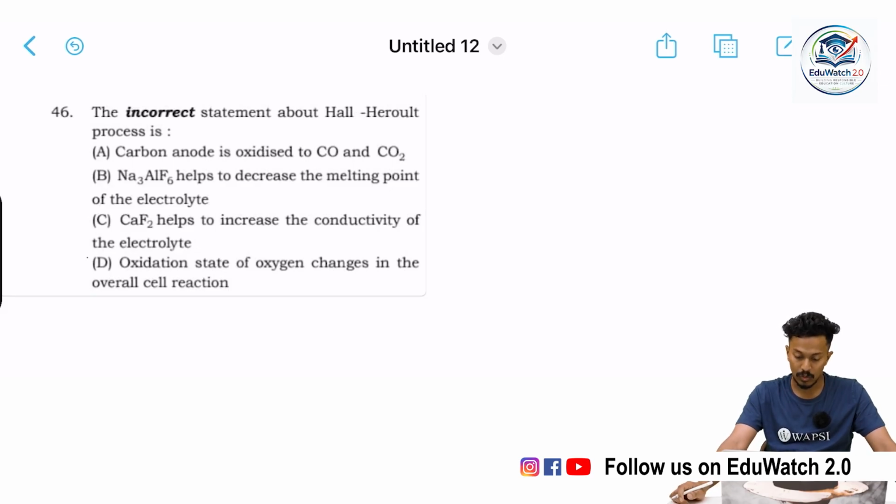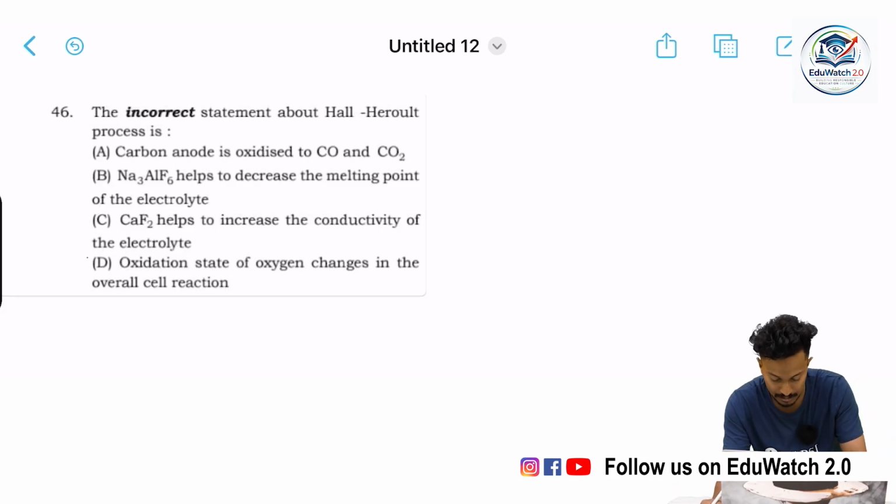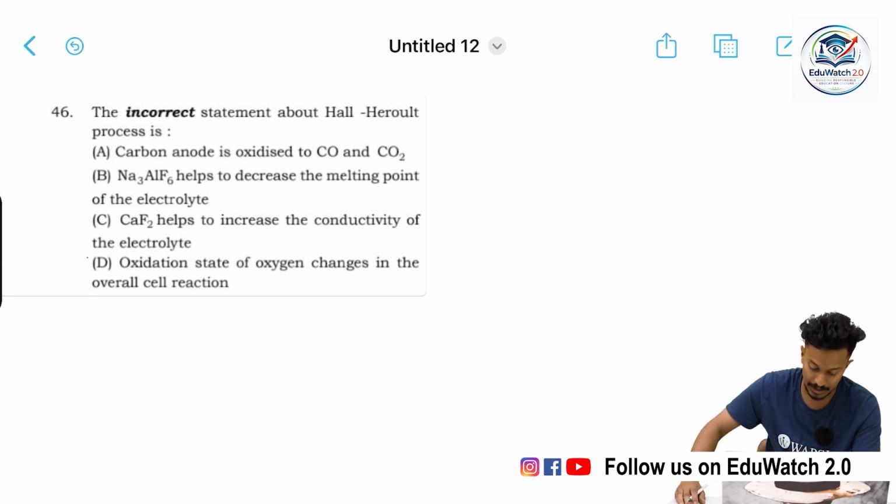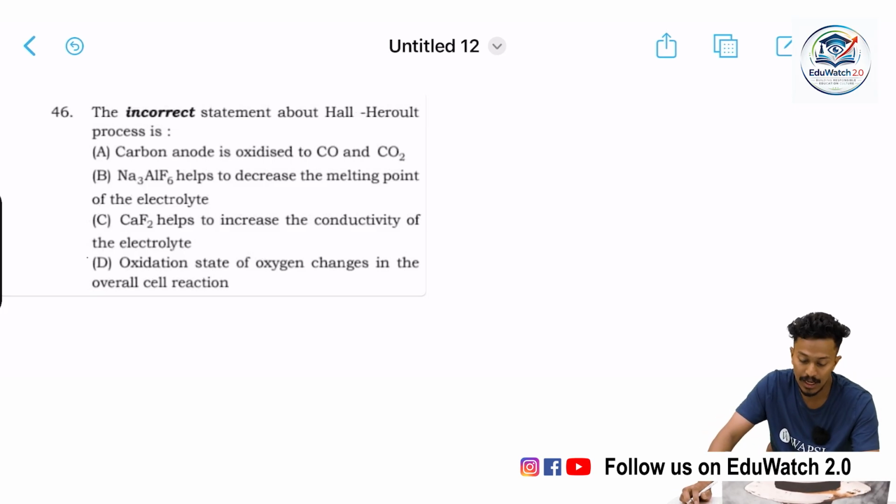So here we have the incorrect statement. The carbon anode is oxidized to carbon monoxide and carbon dioxide. Molten Na3AlF6 helps to decrease the melting point of the electrolyte.